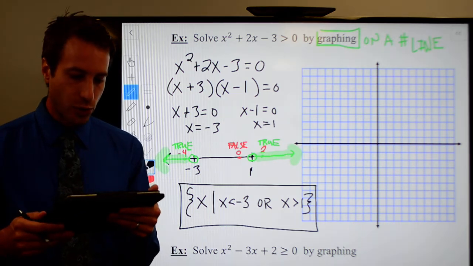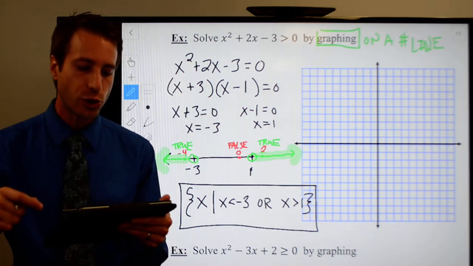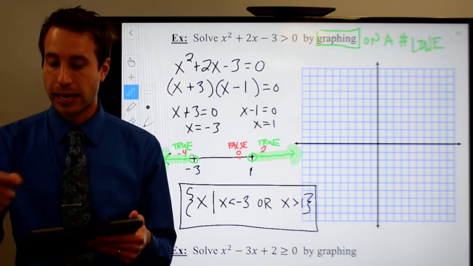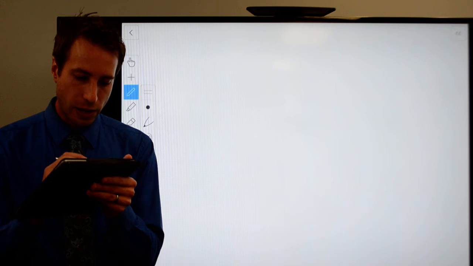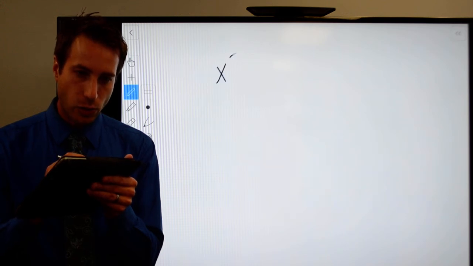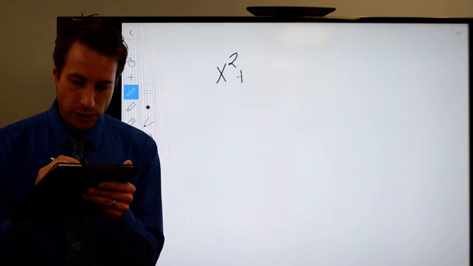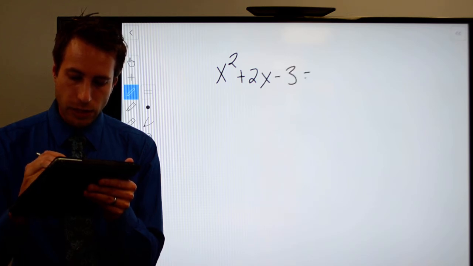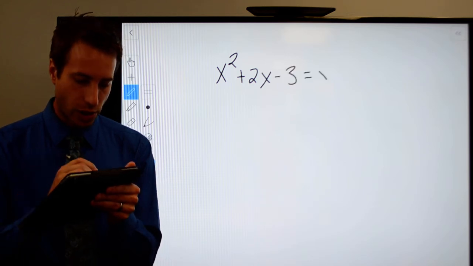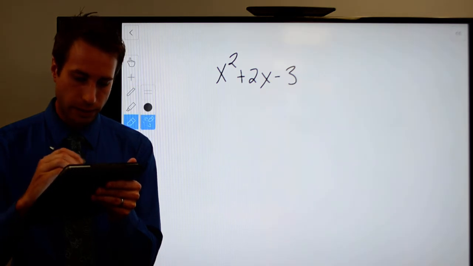So let me do that for you real quick. It's x squared plus 2x minus 3 is equal to y. That's if I were going to graph it. So x squared plus 2x minus 3 is equal to, actually, sorry, I should put the y on the other side.